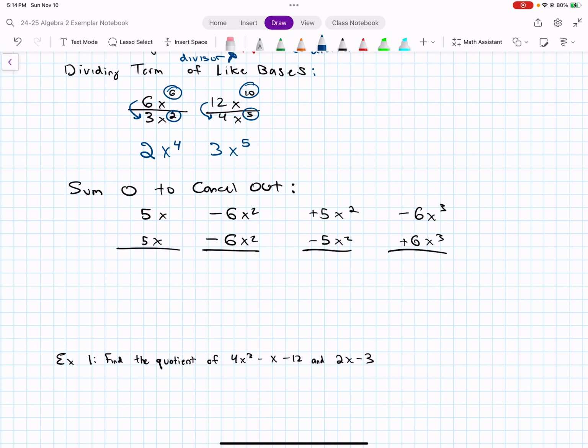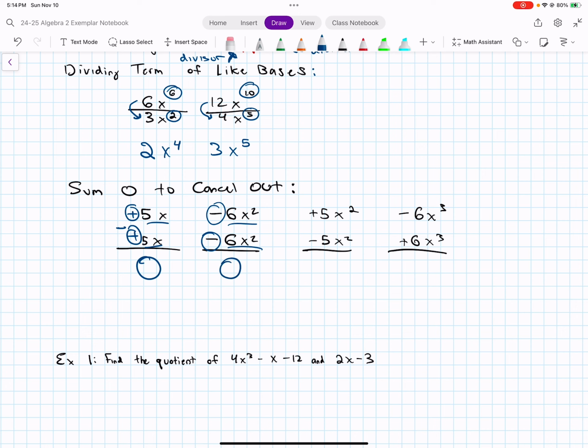And lastly, we always want to cancel out something with this lesson. So as a quick reminder, when we have two positive terms, in order for it to equal 0, we must subtract. This is because they have the same signs and terms. Similarly, negative 6x squared and negative 6x squared also have the same signs and the same terms.